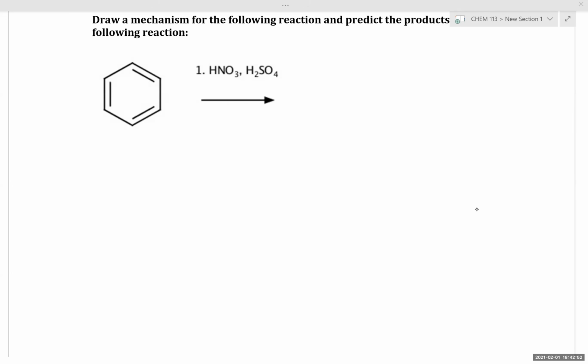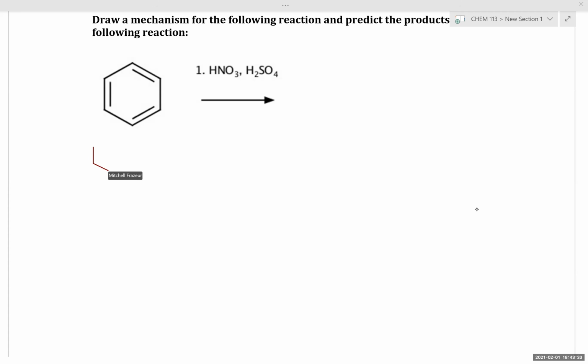Would anyone like to try using the annotate tool to share their mechanism for this reaction? And remember, there's plenty of space on this class whiteboard, so multiple people can annotate.